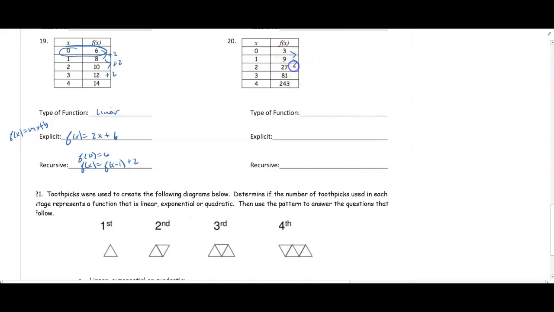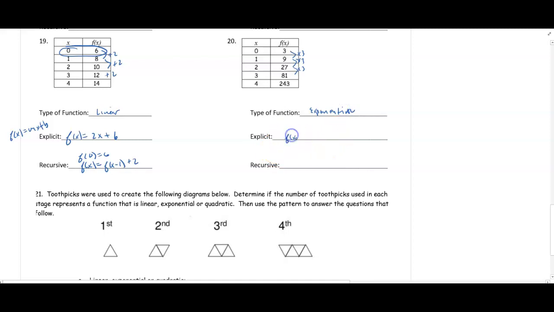Here, what am I doing each time? I'm multiplying by 3. So right away, I know that this is an exponential function because it has a common ratio.